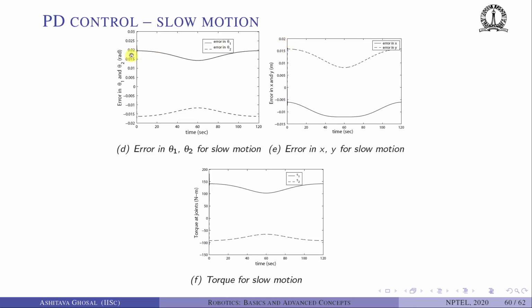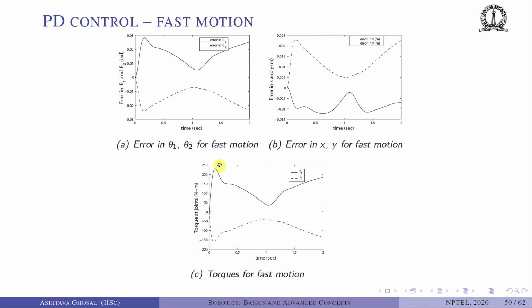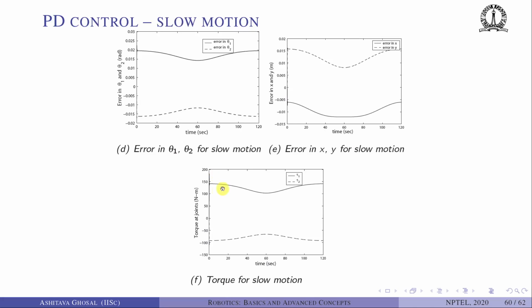Now the error is less than 0.02. The error in x is less than 0.015, so 1.5 centimeters. The torques along the trajectory are also smaller. Previously we were reaching about 225 or 230 Newton meters, now we can do with less than 150 Newton meters.